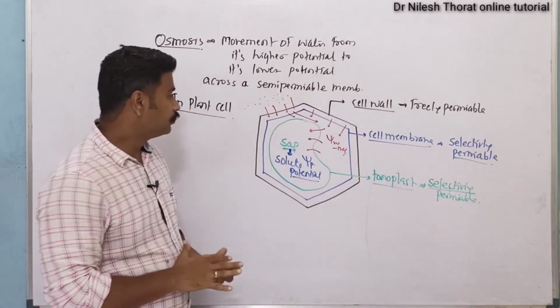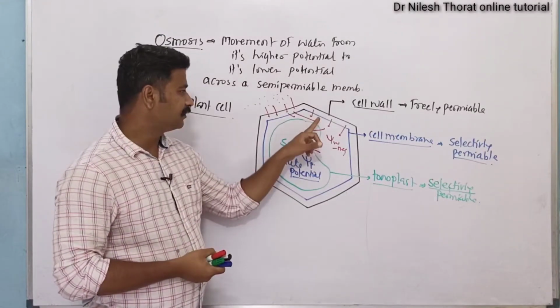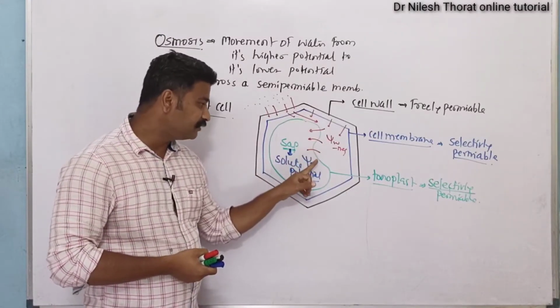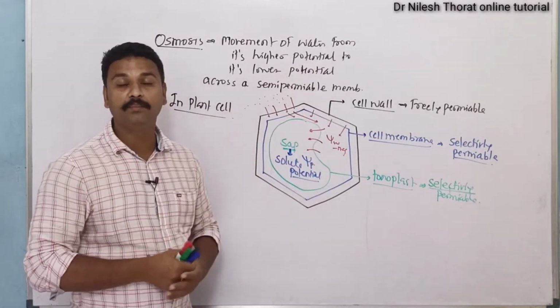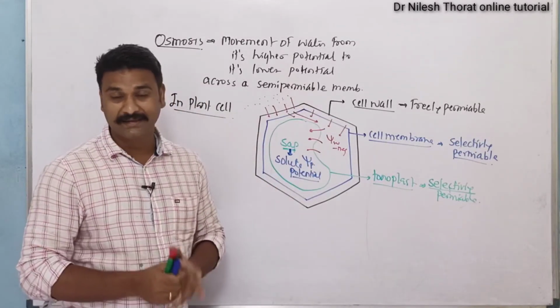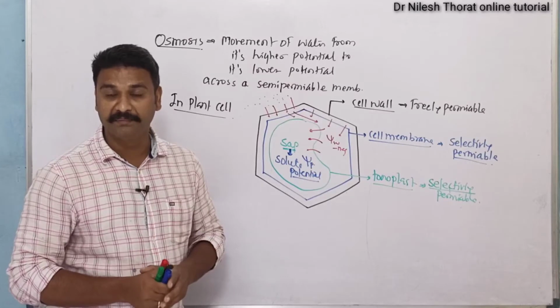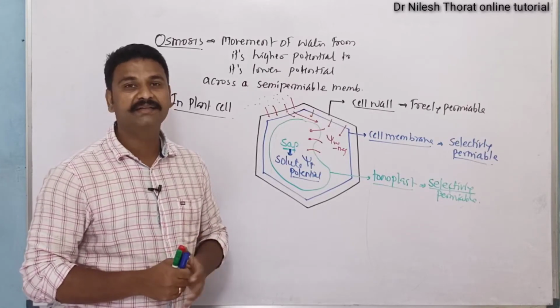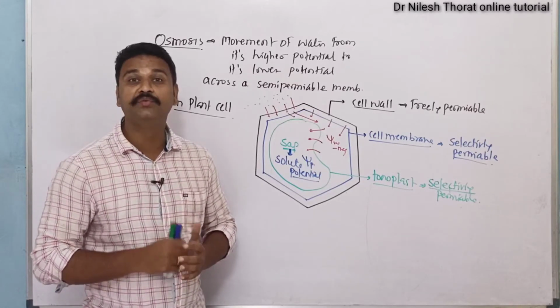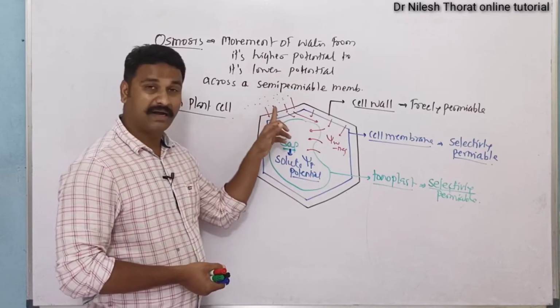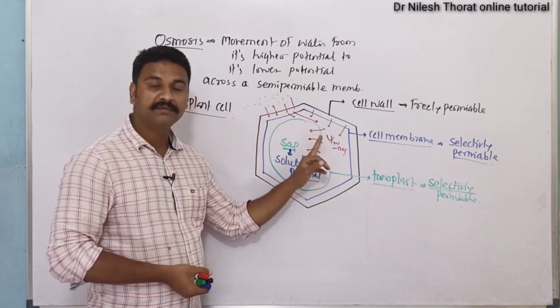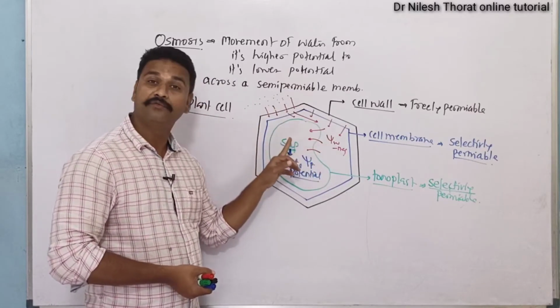So in case of plant cell, cell membrane and the tonoplast, they are the two important determinants, the semi-permeable membranes which determine the flow of water in one direction, that is from outside into cytoplasm and from cytoplasm into the vacuole.